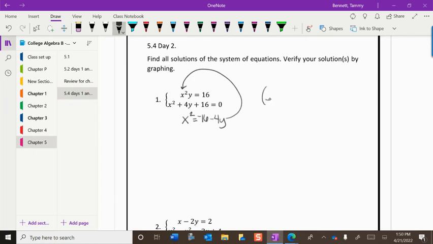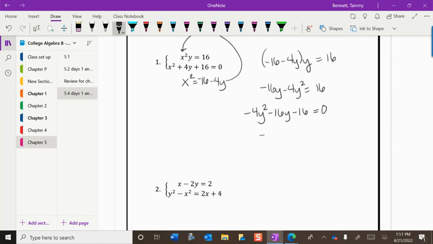So parentheses, I have negative 16 minus 4y times a y equals 16. Distribute that out, so negative 16y minus 4y squared equals 16. Rearrange, set to 0, so I get negative 4y squared minus a 16y minus a 16 equals 0.